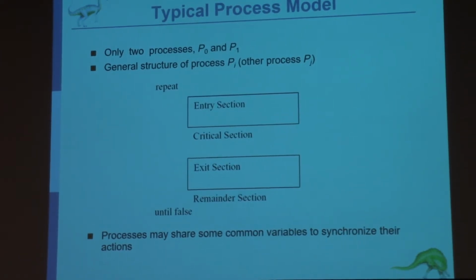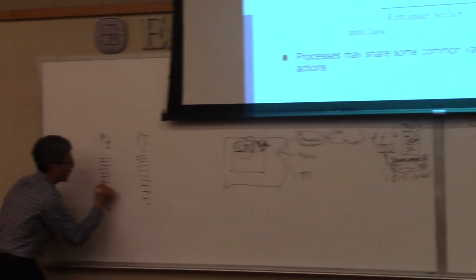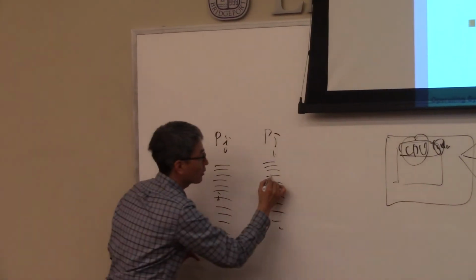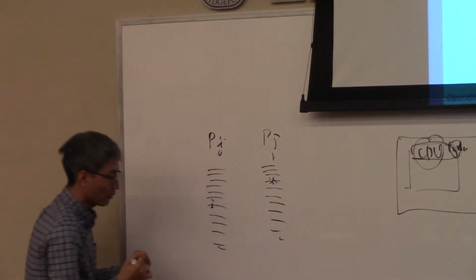We have instructions that are not identical. But this one accesses the I value, reads I, and this one somewhere here also reads I. But the other parts may be different.